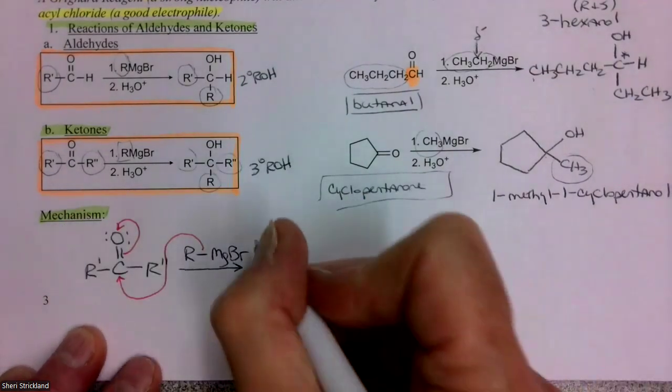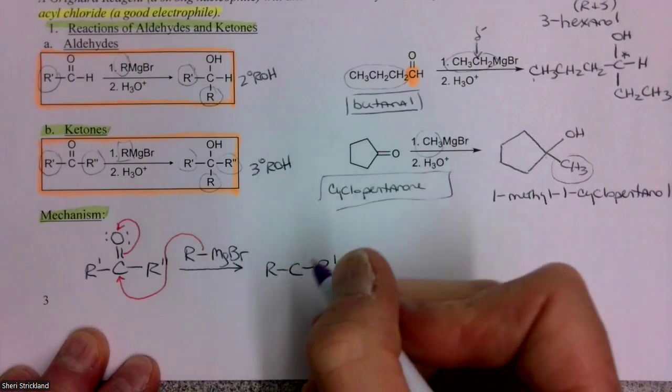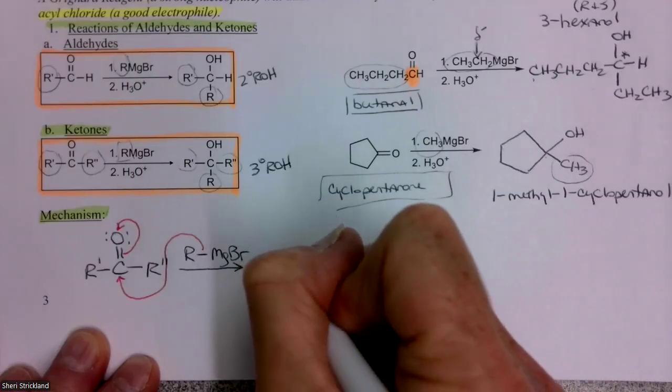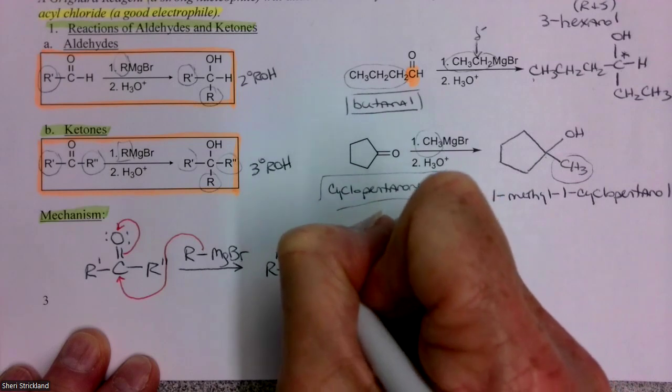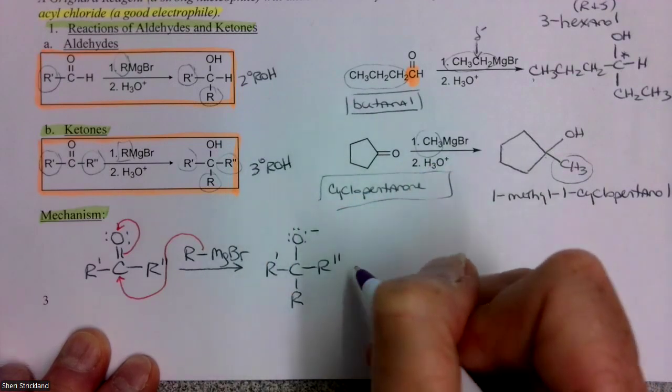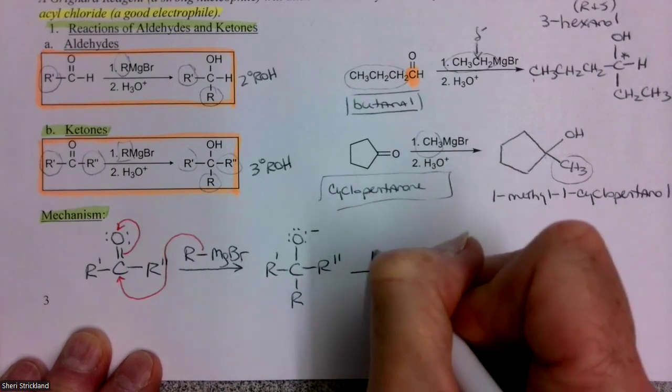And we get nucleophilic attack like this, which gives you that tetrahedral intermediate. Like that. And since carbanions are crazy basic, nobody can be kicked out.